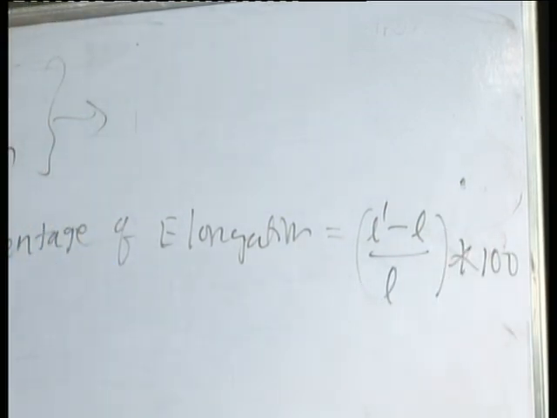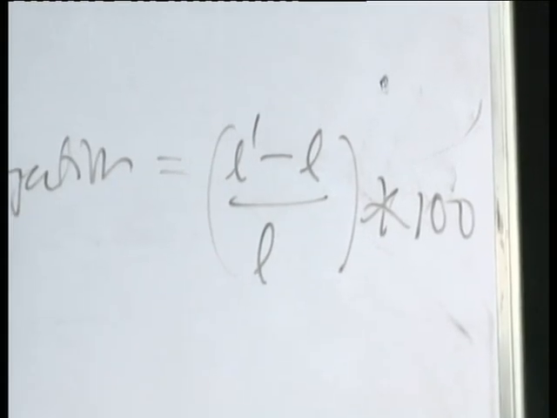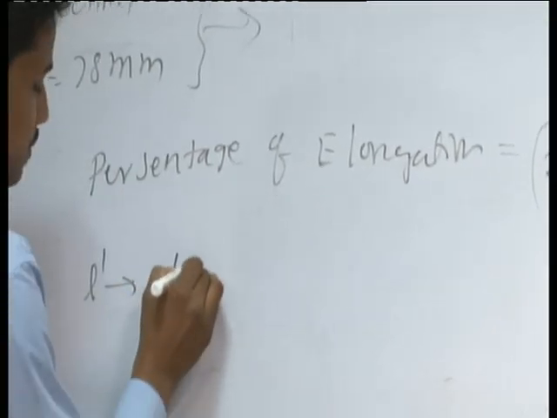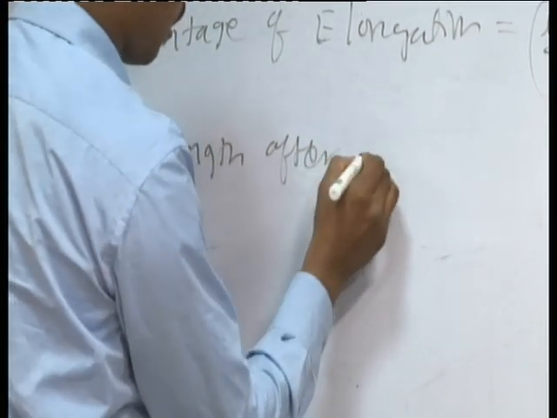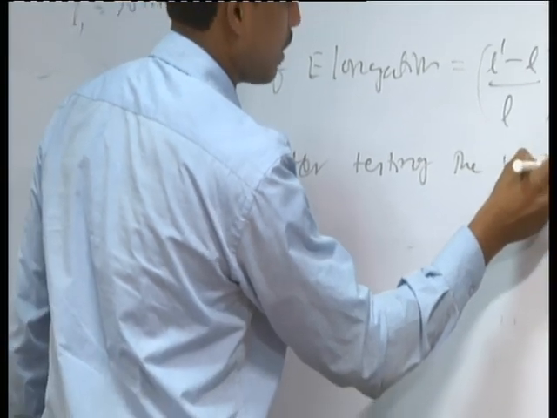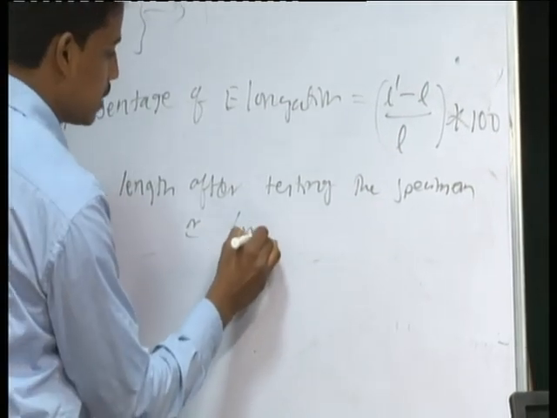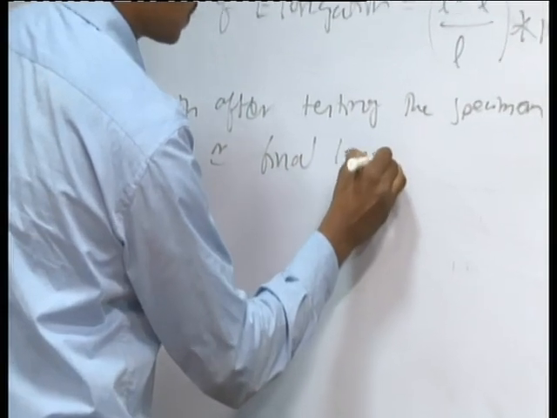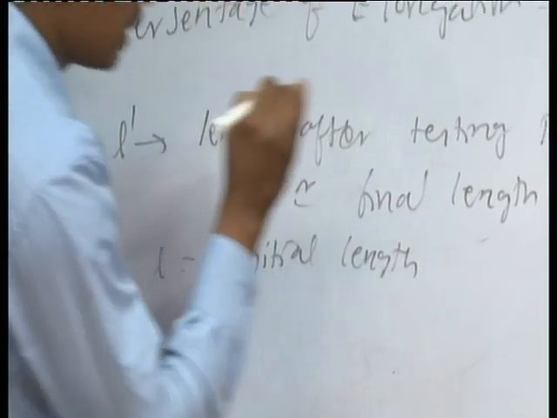Here L dash is the length after the specimen is tested, or we can call it the final length, and L is the initial length.